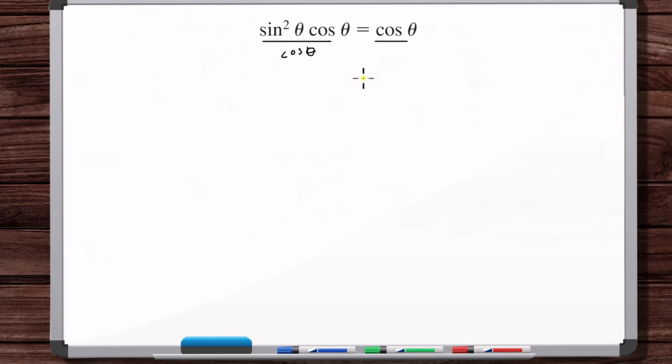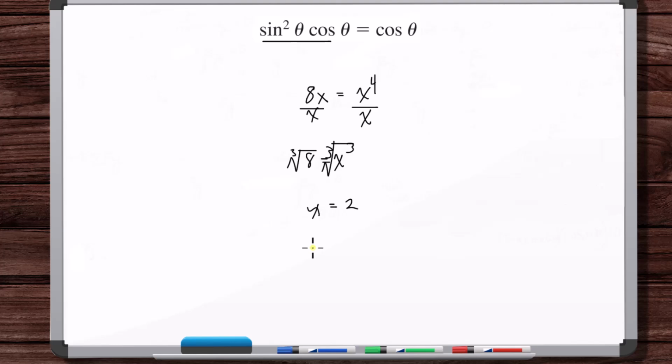If you had something like 8x is equal to x to the 4th, and you needed to solve this, we know from algebra you don't divide by x and then take the cube root of both sides to get x is equal to 2. You don't do it that way because you're going to lose a solution. You divide both sides by x, but that x can't be 0 when you do that.